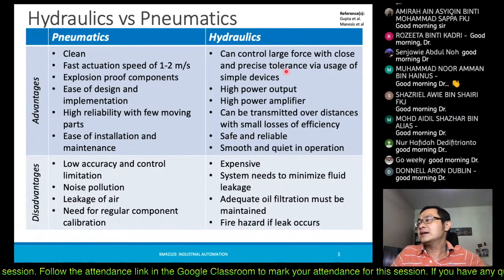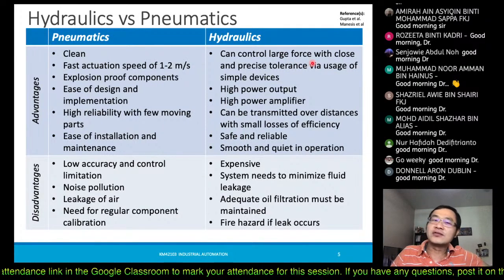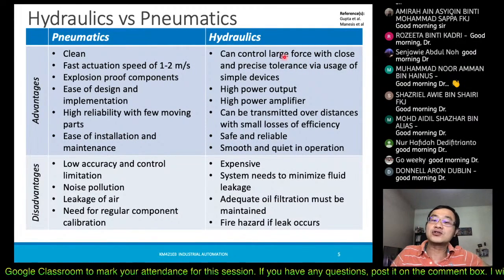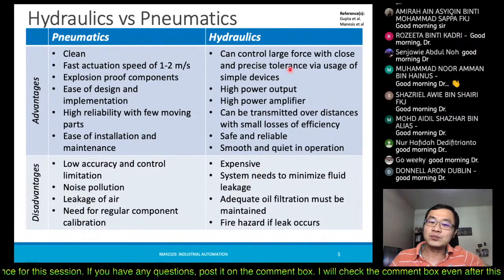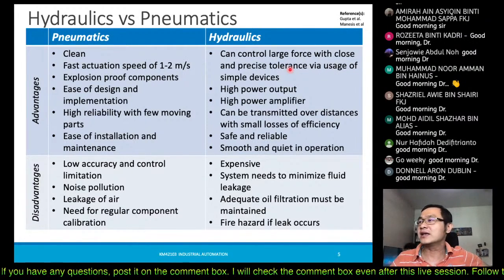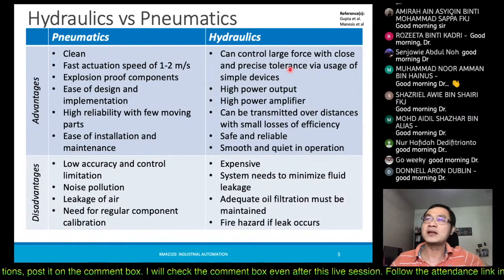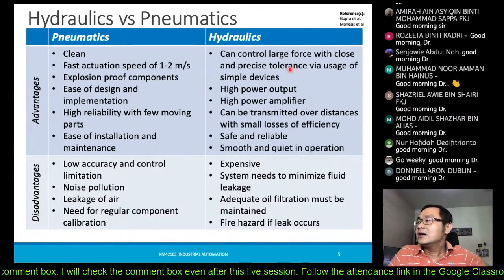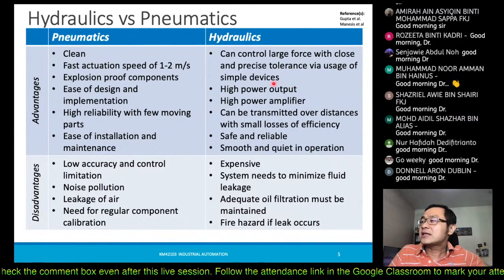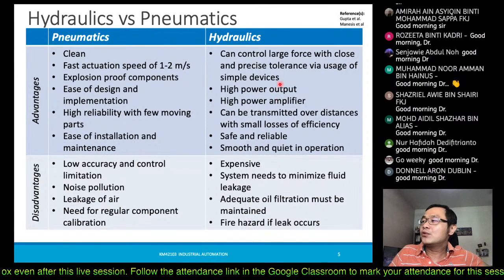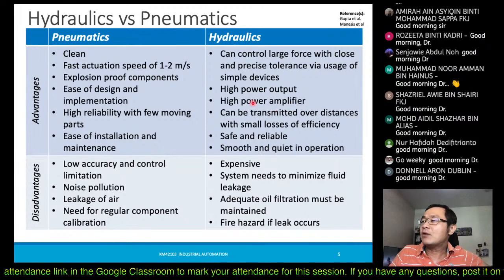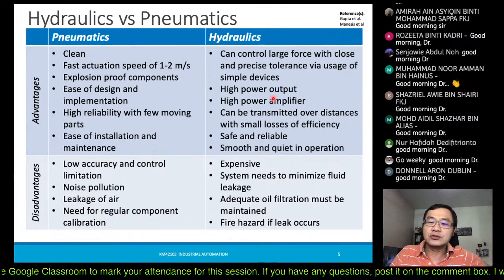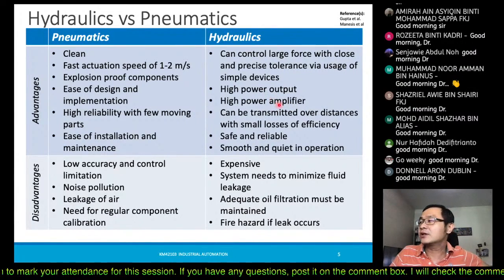But with hydraulic, if we really want a large force and precise tolerance, then we would choose a hydraulic instead of a pneumatic. Also, if we desire a high power output, then we would also want a hydraulic.